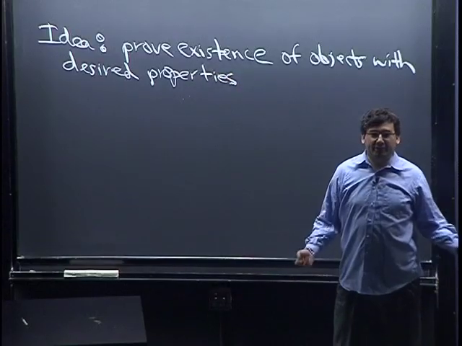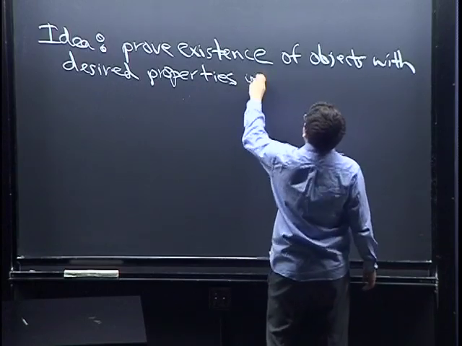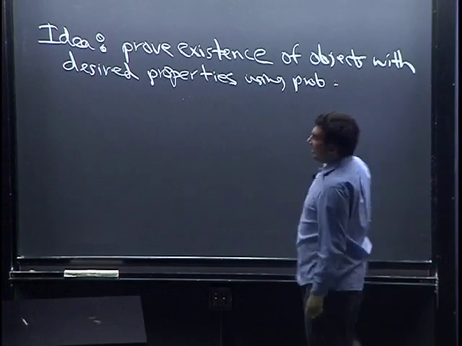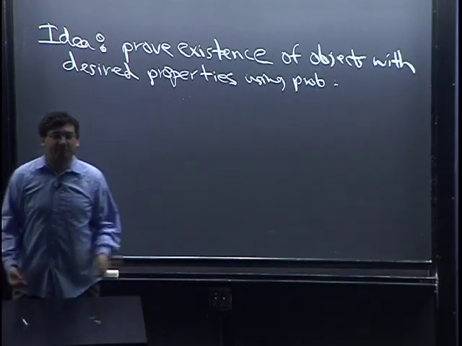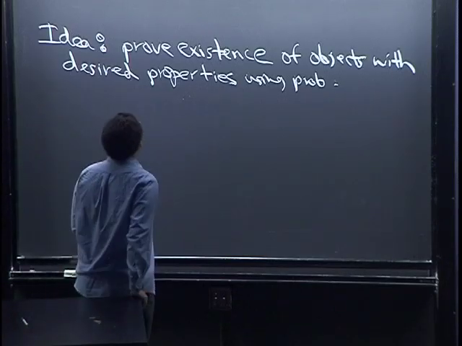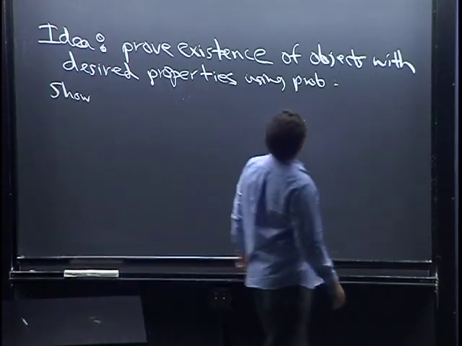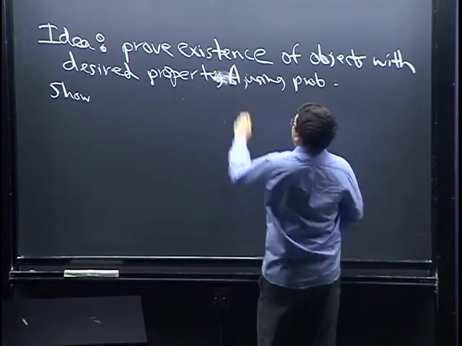So let me just tell you mathematically what the idea is. I want to show that an object with a certain property exists. One way to show that would be, let's say desired property A. That is, A is some property.